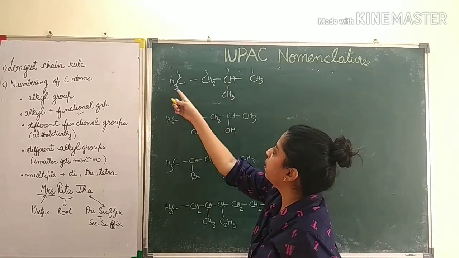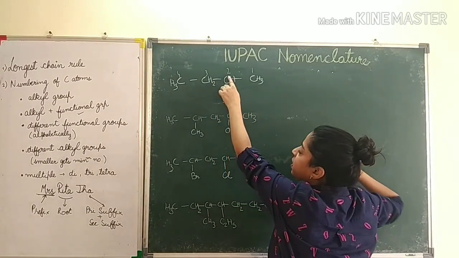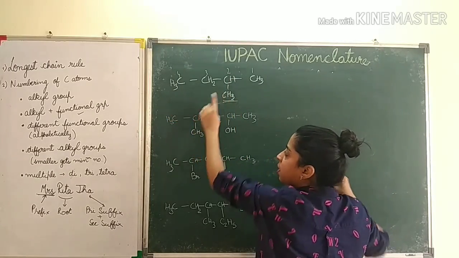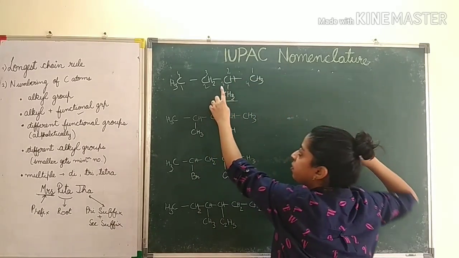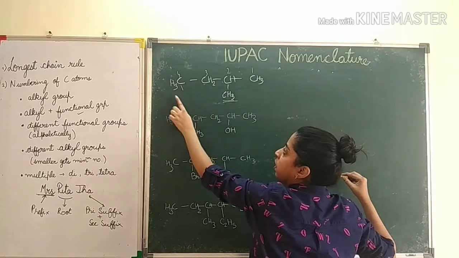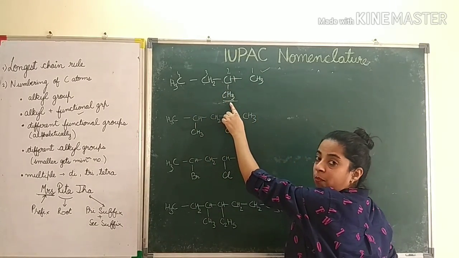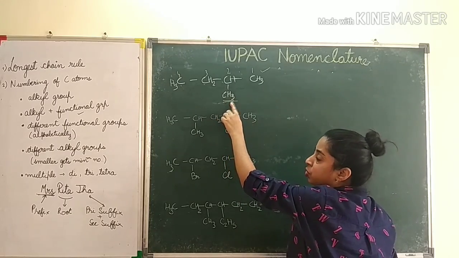If I start numbering from here, you can see that my substituent is getting number 2. But if I start numbering from here, say 1, 2, 3, 4, then my substituent is getting number 3. So I will not take this numbering. I will go with this numbering, because you should give the minimum possible number to any substituent or any functional group. So here it is 2.